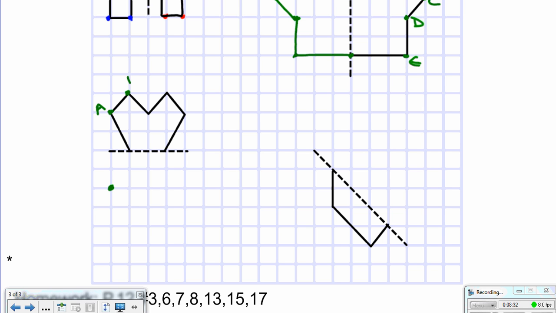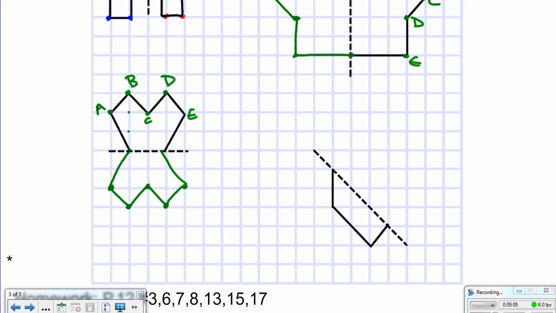And then B is 1, 2, 3 squares away from this point of reflection. So I'm going to do the same for B prime. C is only 2 squares away. D is 3 squares away. And E is 2 squares away again. Okay, and now again, I use my ruler, connect my dots. Ta-da, we made an X.